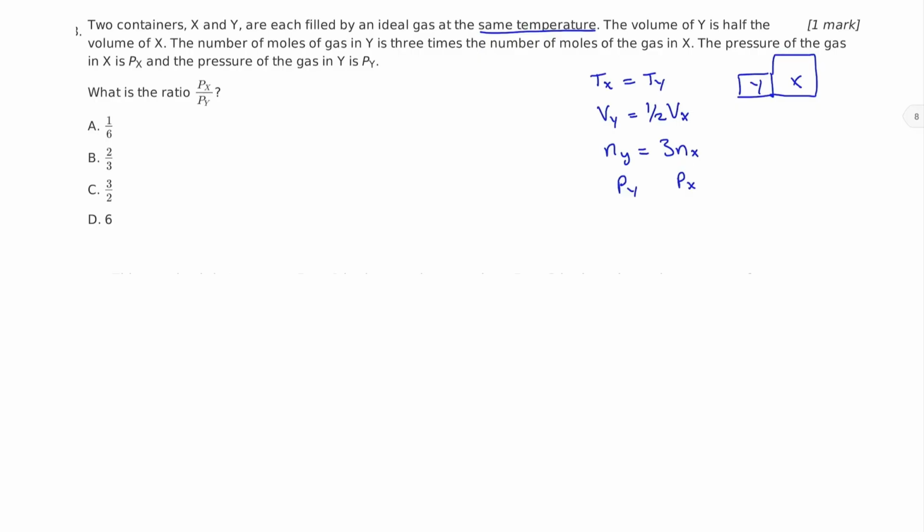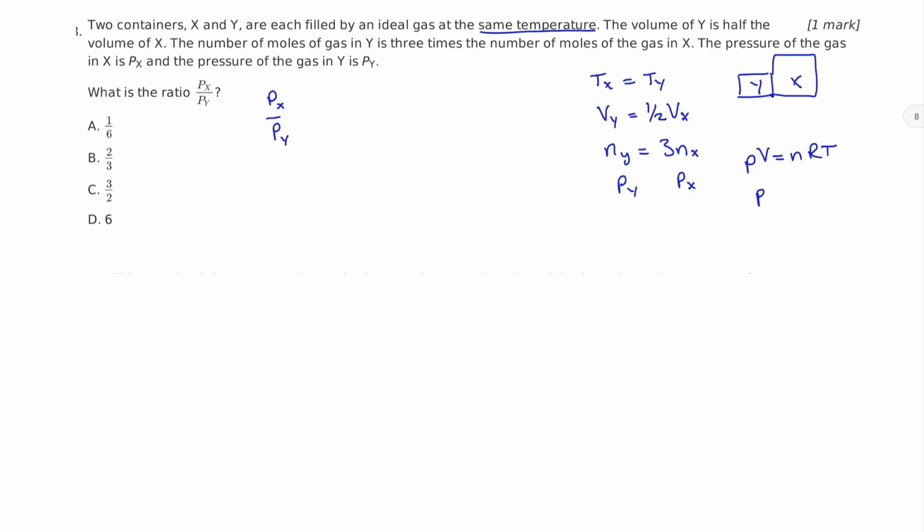So we have a relationship that relates the 4 quantities of the ideal gas equation, PV equals nRT. And we want to know what the ratio of Px over Py is.